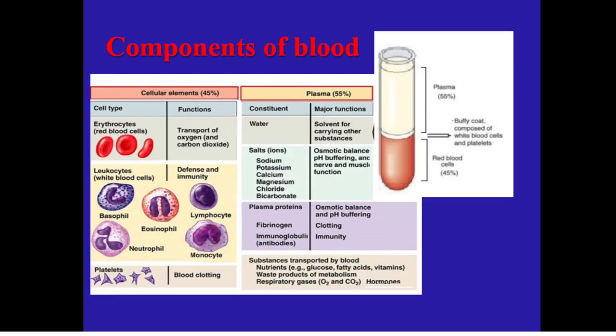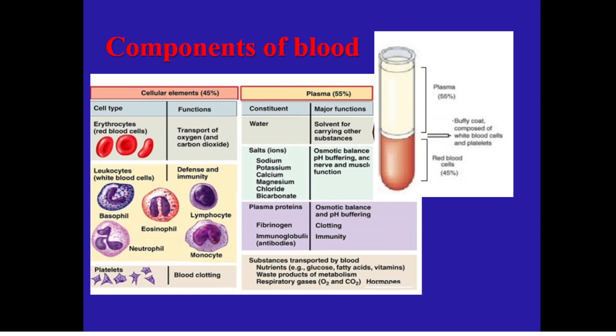Let's look at what components we will see in blood, and then we'll talk about them in more detail. Cellular elements are nearly 45% of the volume of blood, and they are represented by red blood cells, the main function of which is the transport of oxygen and a little bit of carbon dioxide. Leukocytes' function is defense and our immunity.